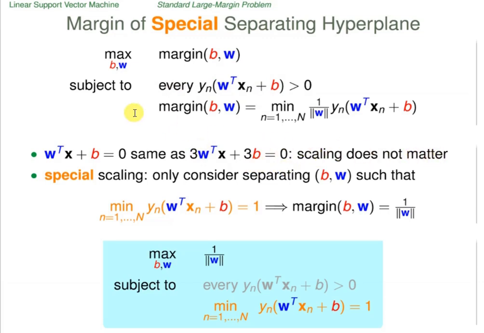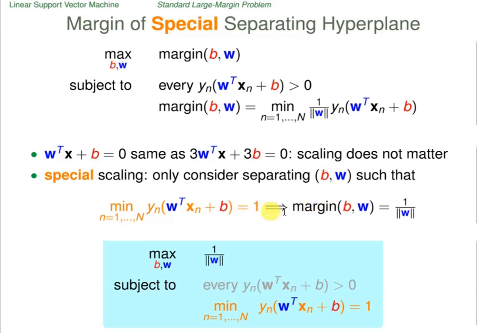So we can consider a special scaling, which gives us a separating hyperplane with the following minimum distance. We can consider the special separating hyperplane where the distance to the closest point to the hyperplane is equal to 1.